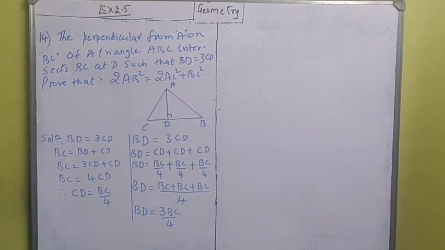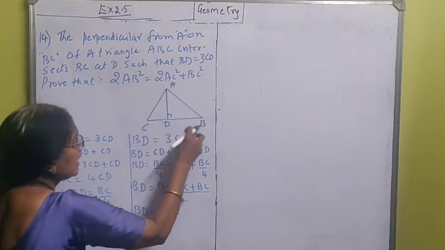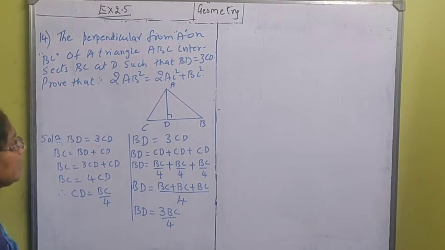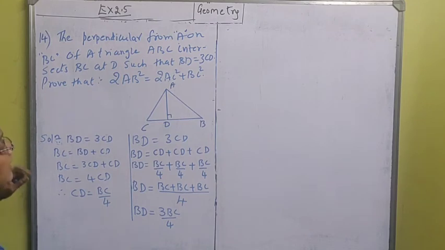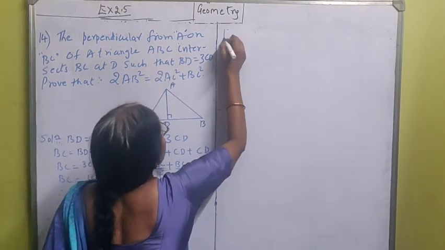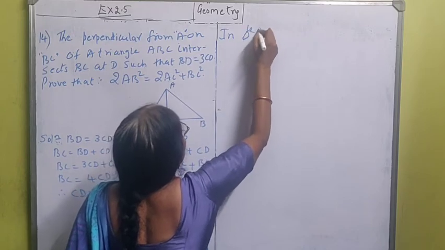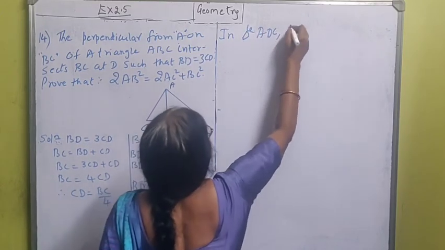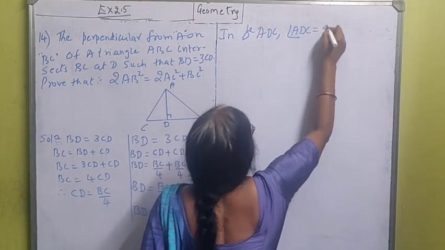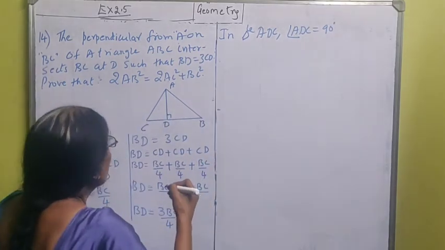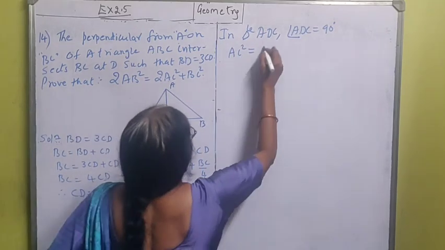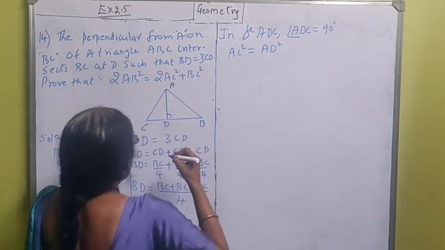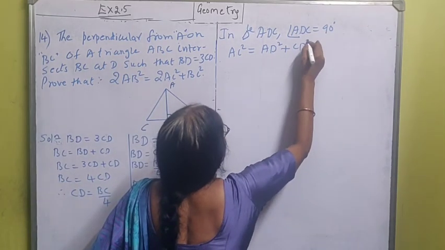Now, I will take the triangles ADC and ADB. These two triangles I take because I want AB square and AC square. In triangle ADC, angle ADC is equal to 90 degrees. So AC square is equal to AD square plus CD square.